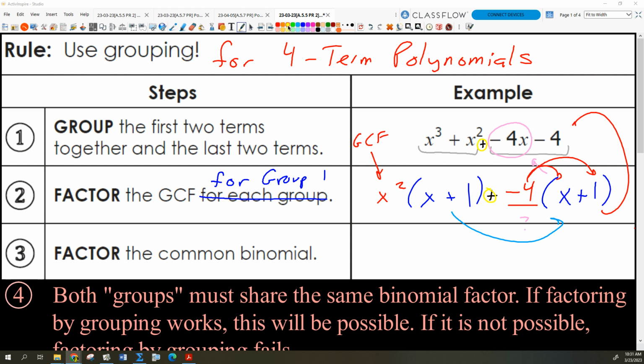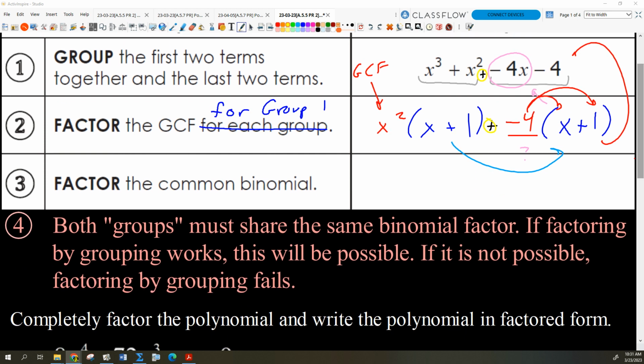So then all we have to do now is undistribute the common factor, which is the binomial. We made these two be the same in the process of factoring by grouping. So we'll just undistribute that from the first and the second groups. And what do we get?